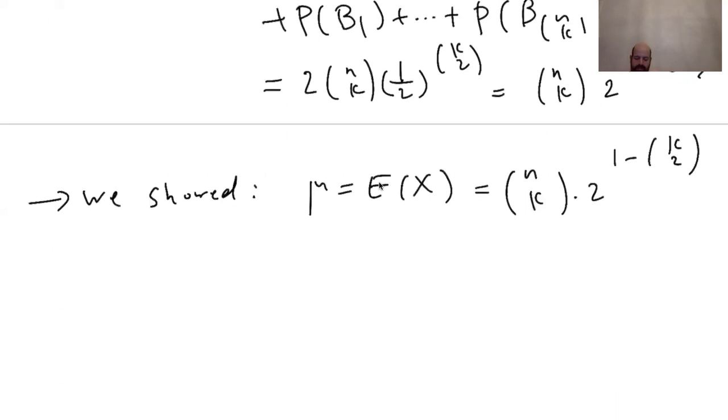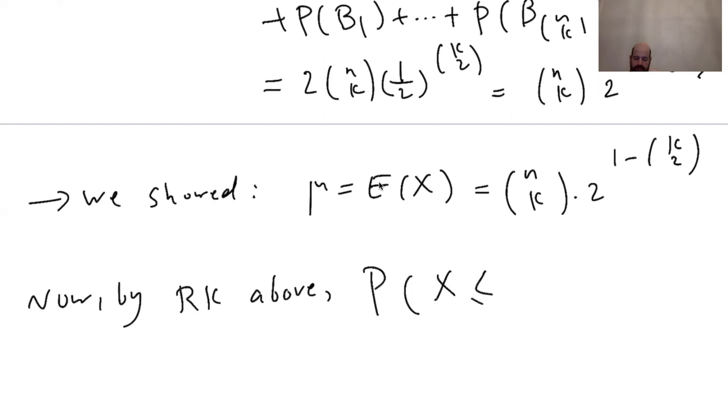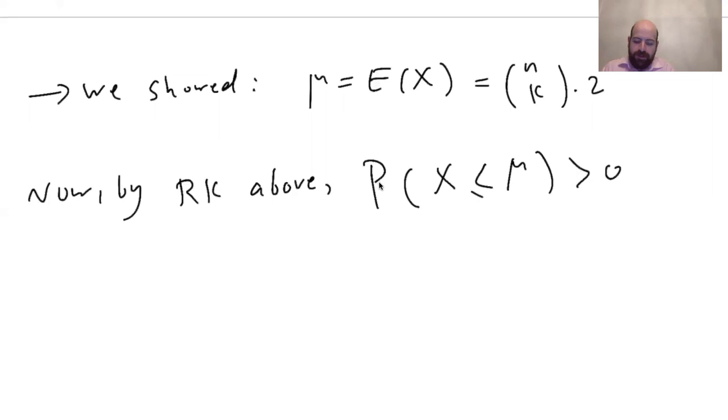Okay, now by the remark above, P(X less than or equal to mu) is positive. This is what we proved in the remark right before this theorem. So what does this mean? P(X less than or equal to mu) is positive.